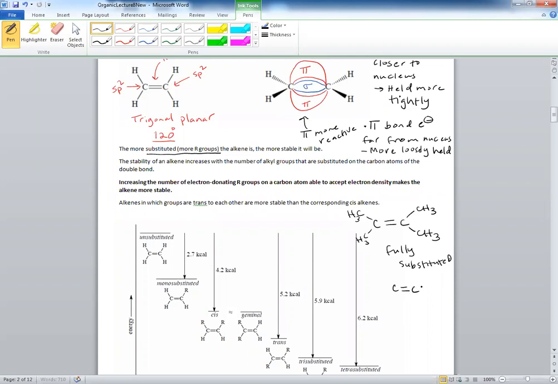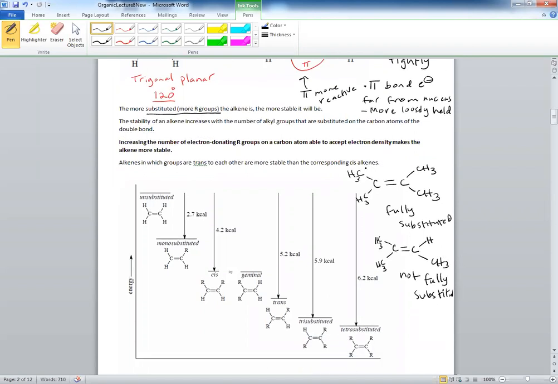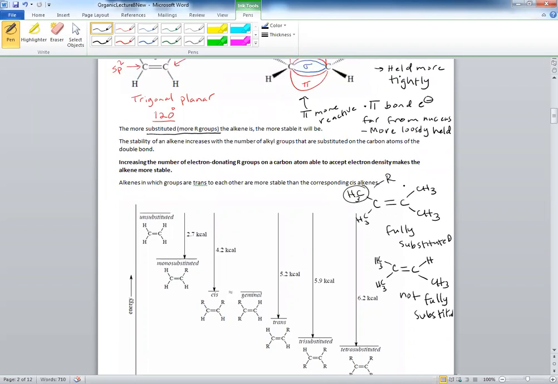Whereas if I have this, okay, so this one is not fully substituted, but it's substituted. So again, the CH3 here is an R group. It's an alkyl group. It could be an ethyl, it could be a methyl, etc.